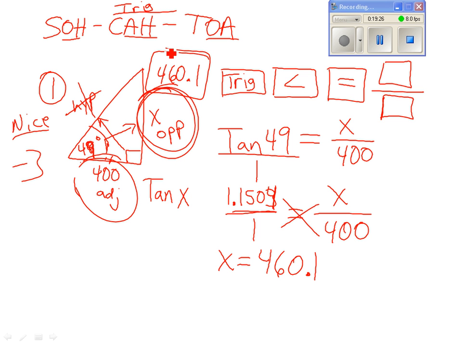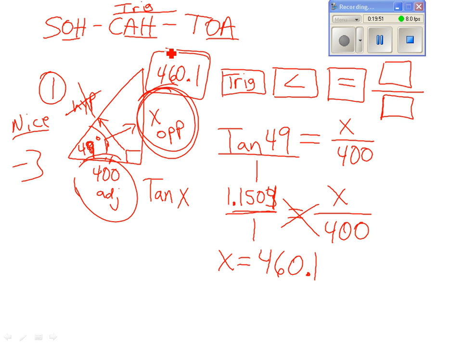Whenever you get an answer, make sure it makes sense. This side over here was 400. Does it make sense for that one to be 460? Yeah. Give me a number that would fit in over here for the hypotenuse. 480. Anything higher than 460, right? Because it's got to be the biggest. Now, Mrs. Fagan came up and asked me the other day because she was getting crazy answers when she was helping somebody.